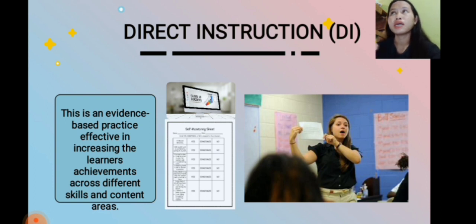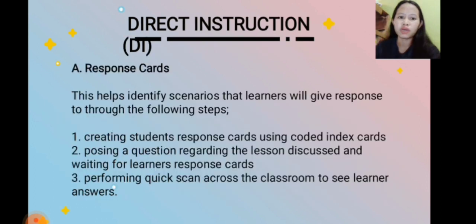Some ways of doing DI, or direct instruction, are the response card and self-monitoring. So what are self-monitoring and response card? The response card helps to identify scenarios in which learners will give responses through the following.